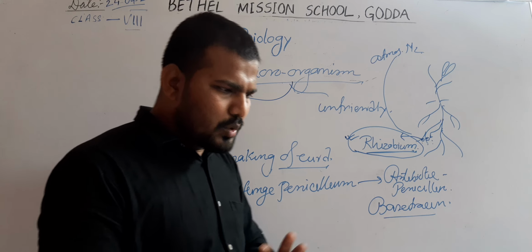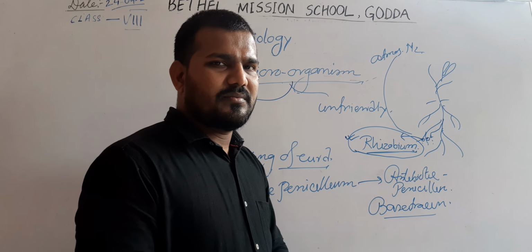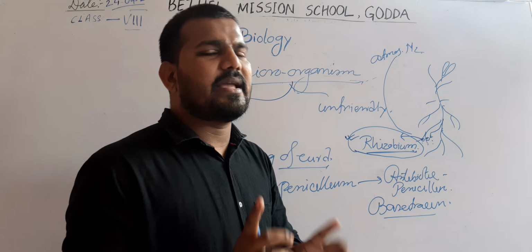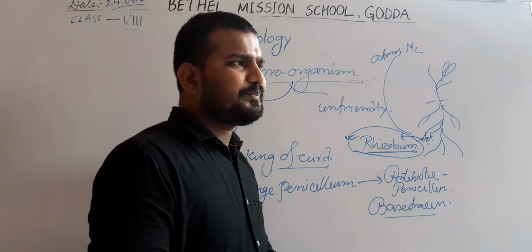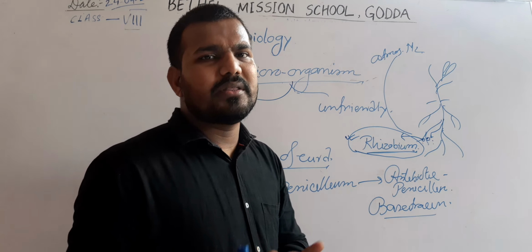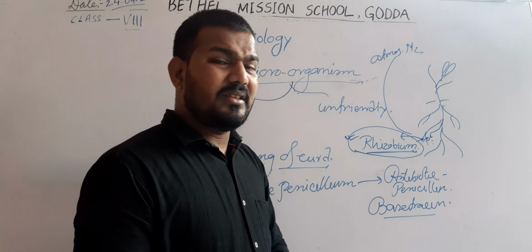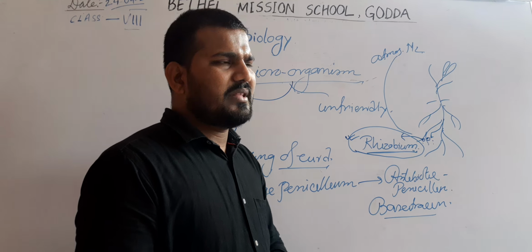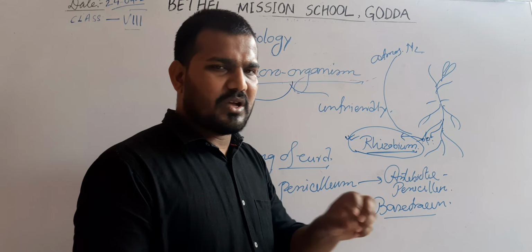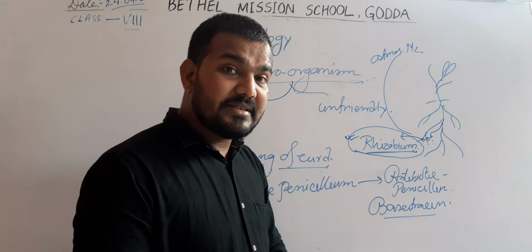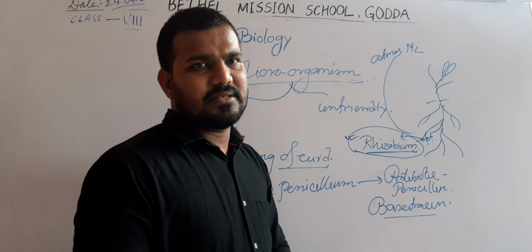Carrier means those which carry the disease. Housefly is a carrier. Generally, houseflies are found in dirty places, in dustbins or in drains. They sit on that place, feed on that place, and multiply in that place.